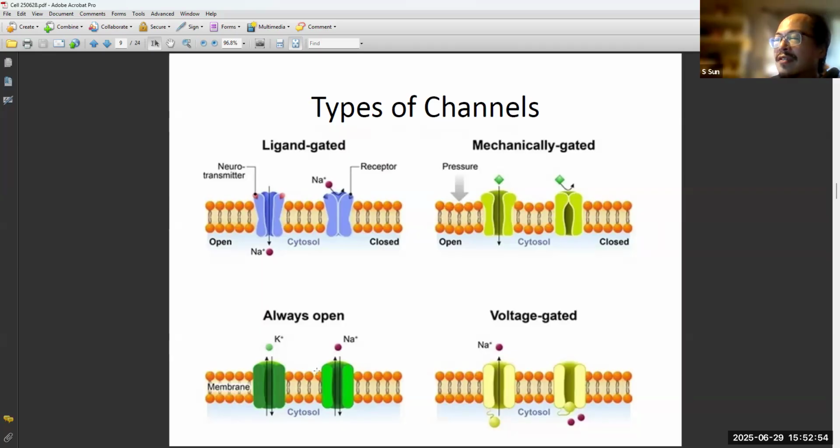Always open channel: it's always open, non-gated. We have voltage gated, which is basically the charge in the membrane. With the membrane charge change, it opens. If there's no charge, then it's closed. So there are many ways that we can gate this channel, or there are different varieties of this channel that could be either gated or non-gated.